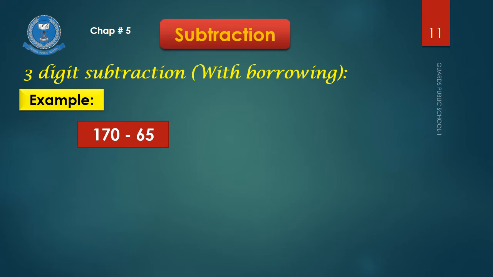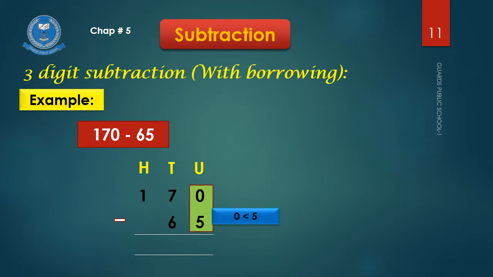Students, first we write our problem according to the place value. Then we start with the unit column. In the unit column, we have 0 minus 5. But we cannot subtract 5 from 0 because 0 is less than 5.